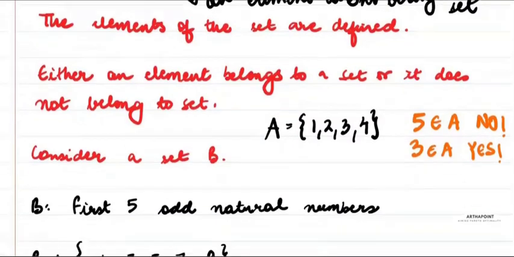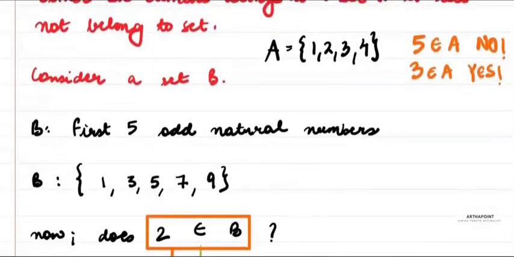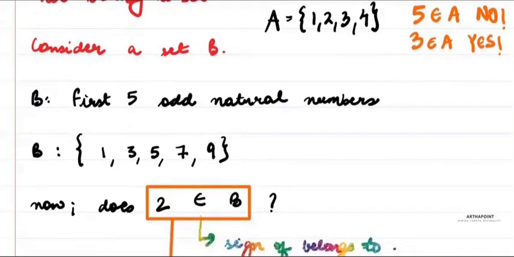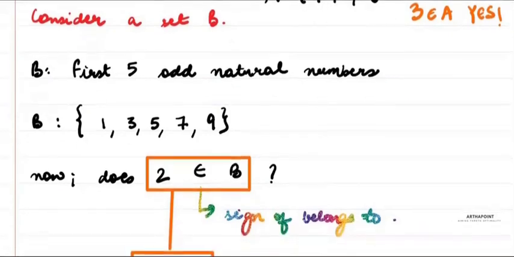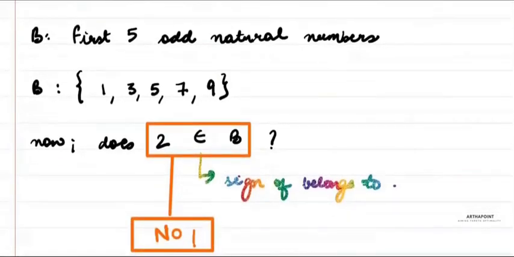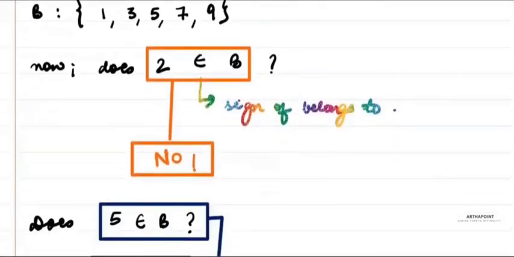Let's take another example. B is a set of first 5 odd natural numbers. So I go ahead and write 1, 3, 5, 7, and 9. And now I ask you the question, does 2 belong to the set? No, it does not belong to the set. Does 5 belong to the set?